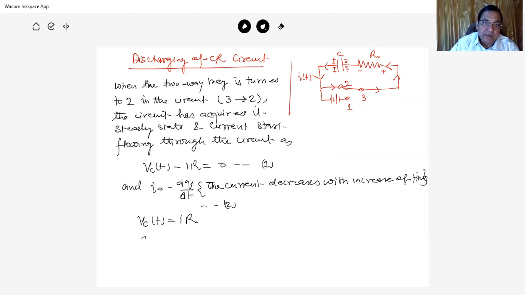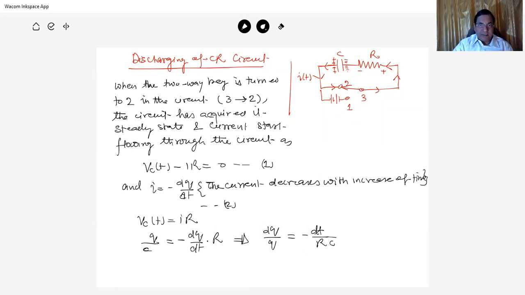So dq by C is equal to minus dq by dt into R. So this can be written as dq by q is equal to minus dt upon RC.